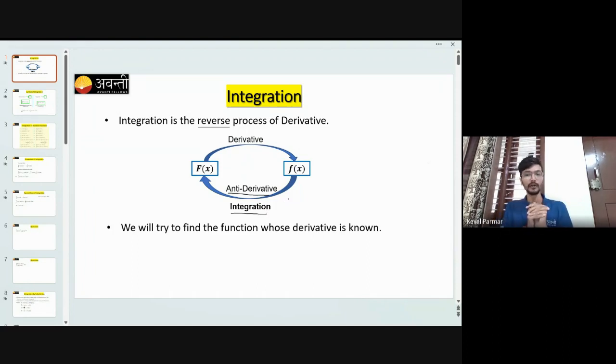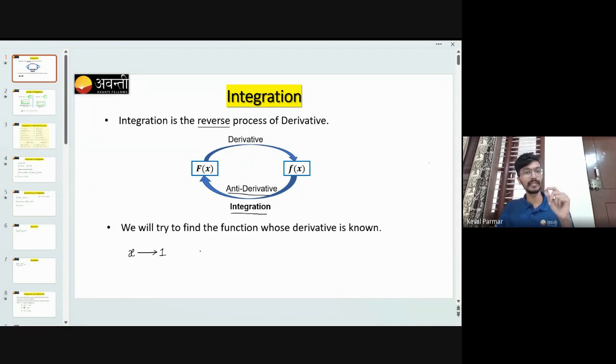So now we will try to find the function whose derivative is known. Suppose, let's say, x. The derivative of x is 1.